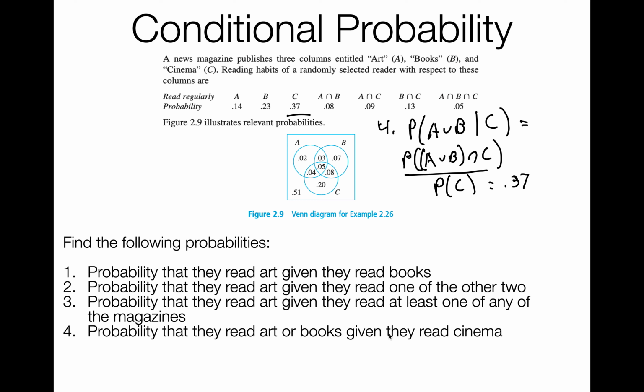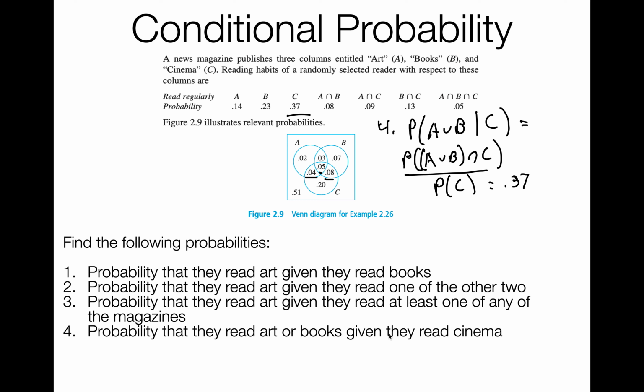And then the intersection of C and A or B, right? That is going to be 0.04, 0.05, and 0.08. Okay, the intersection of C and A or B are those three little intersection spots.